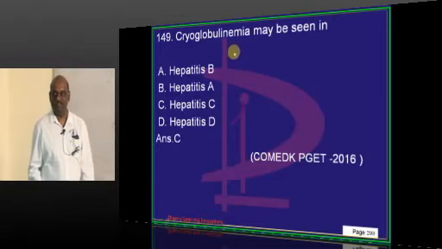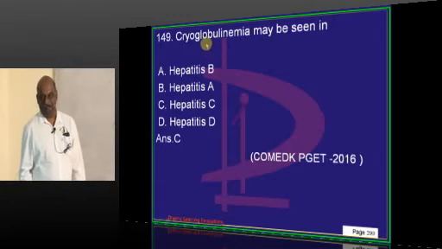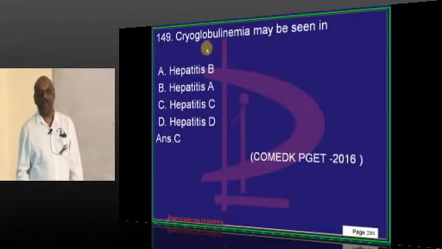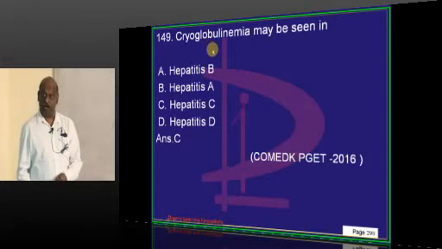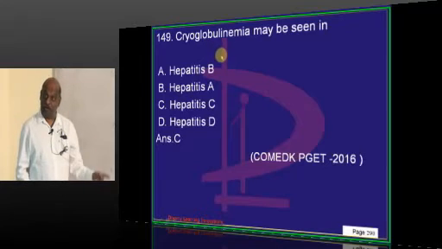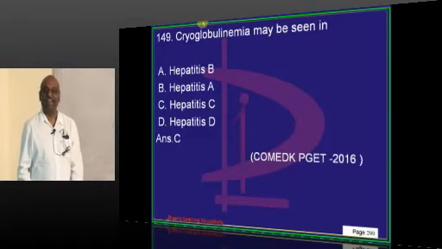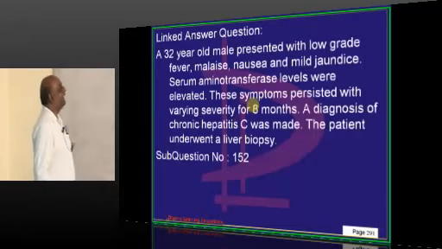An LKG boy also knows: C for hepatitis C, C for cryoglobulinemia. Right? Tomorrow you will be teaching your kids. All other kids will learn C as cat, D as dog. You will teach them C is cryoglobulinemia, D is diphyllobothrium latum. Right?